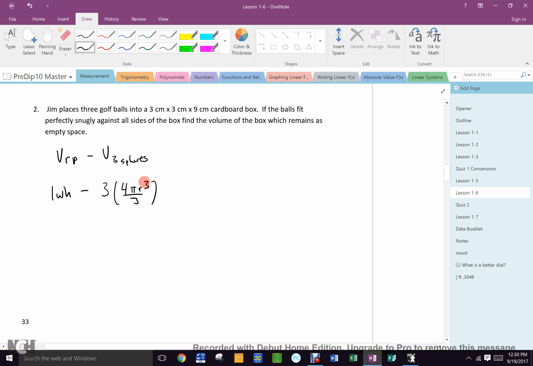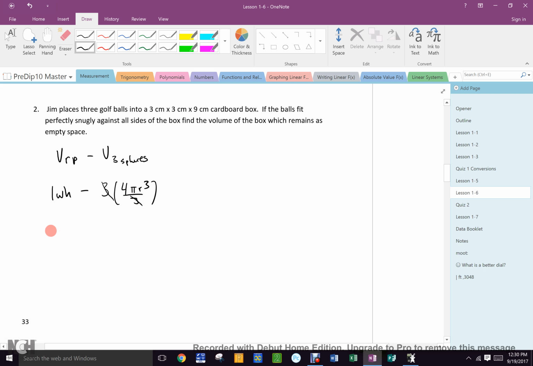This is hard to punch in. What do us 25% of math students, who are all in pre-diploma and show our work all the time, get to do with those 2 3s before we go to our calculator? Why? Because if you're going to divide by 3 and then multiply by 3, right, they get to cancel out.